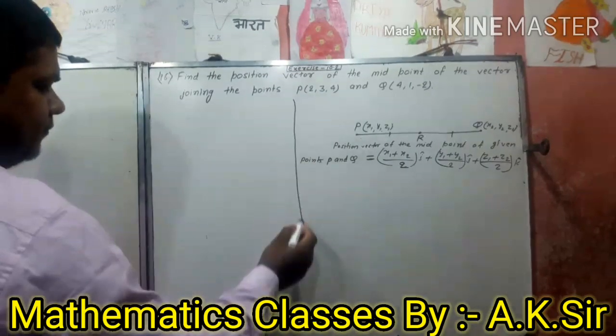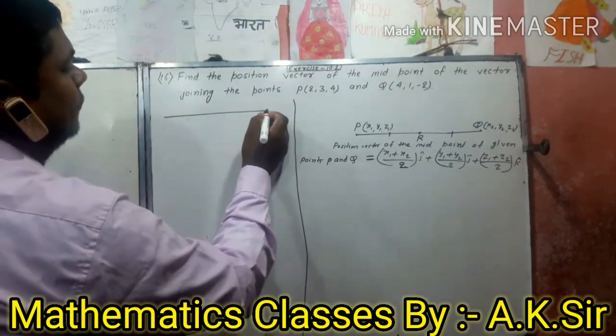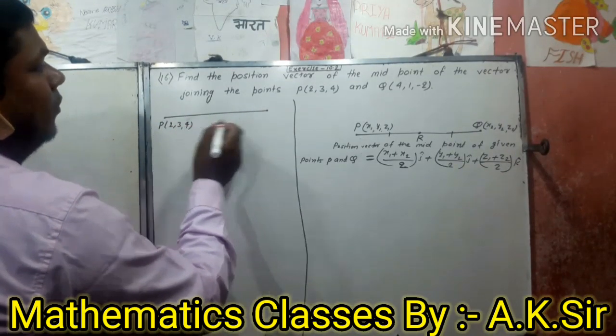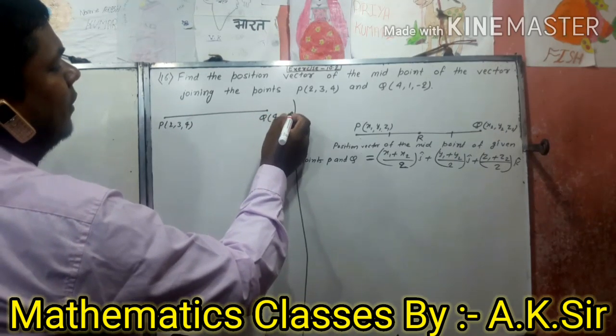We see here the given points P(2, 3, 4) and Q(4, 1, -2).